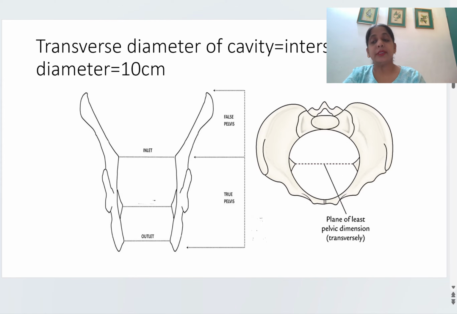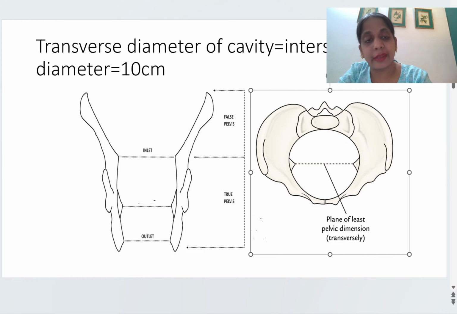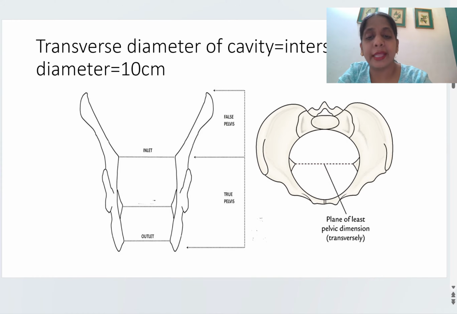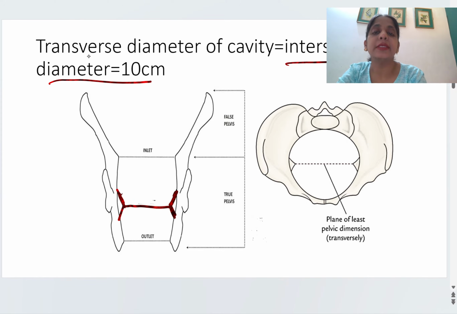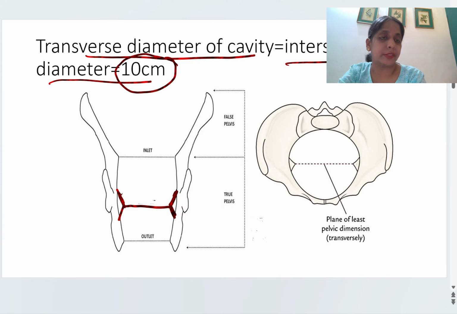Now we are going to see the diameters. One diameter of this pelvic cavity is very important, and that is the diameter between the spines, the interspinous diameter. It is the transverse diameter of the pelvic cavity, and it is normally 10 centimeters.